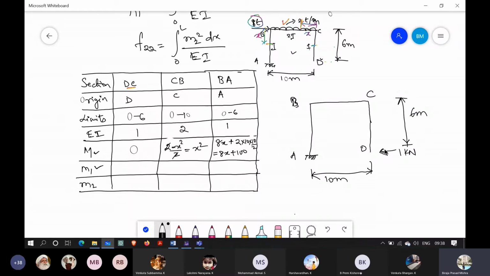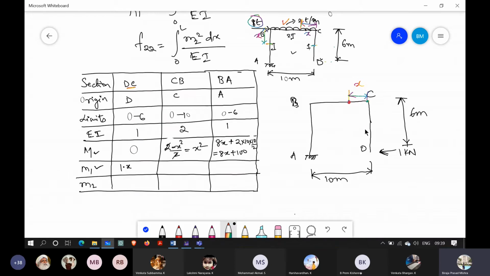So if I apply the load here and consider a section here, then the moment due to this load in this section CD or DC, whatever you may call, let's say this is X. So this becomes 1 into X. Now, if I consider a section here for the segment BC, let us say this is X. So the moment at this point due to this load will be how much?